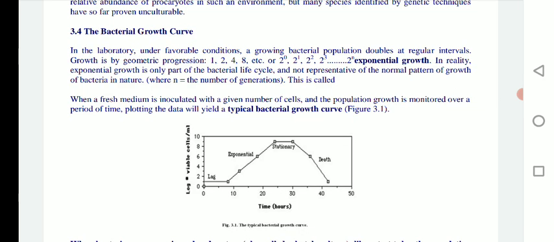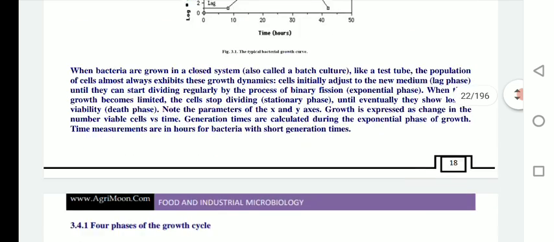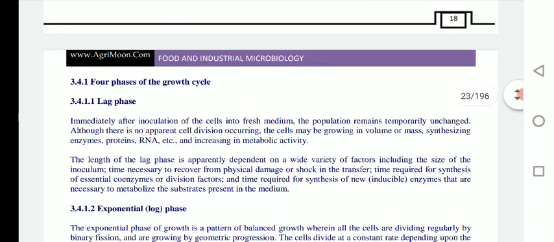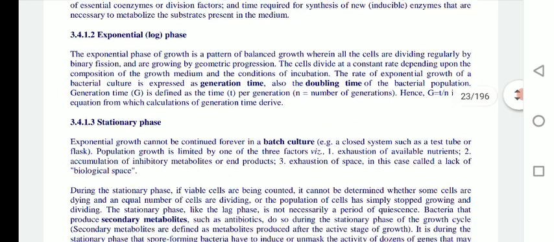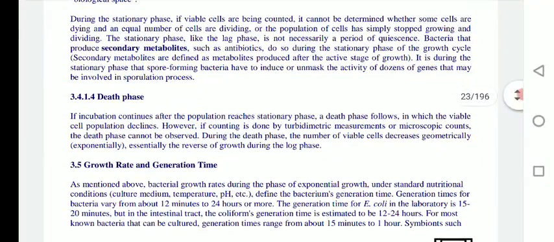There are four phases in the bacterial growth curve: lag phase, log or exponential phase, stationary phase, and death phase. You are all familiar with these phases, so we will not study them in detail. These are four phases through which bacterial growth occurs, and this growth curve is designed from their growth pattern.